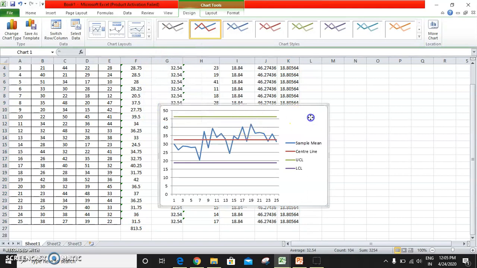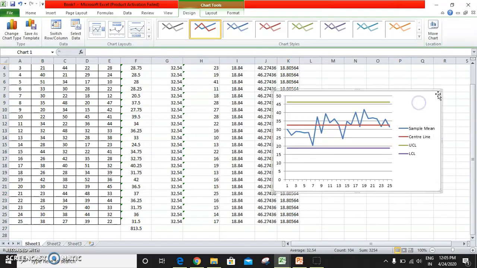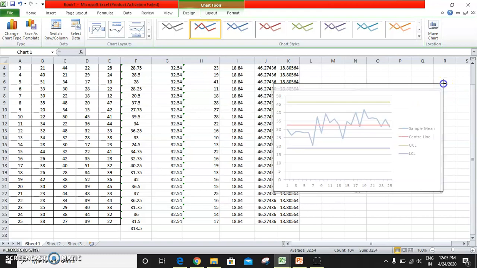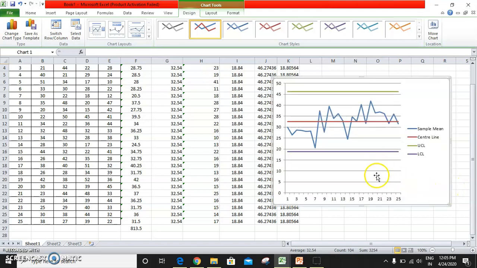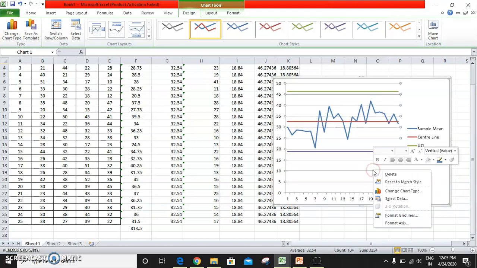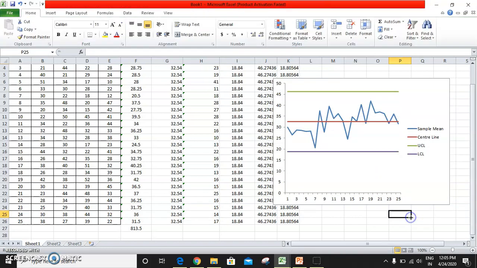So this is your line chart, the control chart for X bar, right? But here you can make a variation. You can just remove the grid lines, right? So this is your X bar chart when we don't know anything about the process variability, right? And with the help of the ranges we are able to prepare a control chart which is the X bar chart.